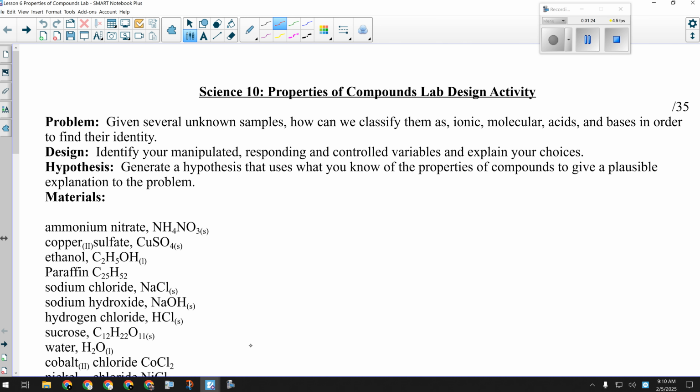So what we're doing here, as our problem, because your problem is blank on your sheet there, the problem we're investigating here is, can physical properties be used to identify unknown compounds? That's what we're trying to do in this lab, determine whether or not everything has its own unique set of physical properties that would be used to identify it. So what you've got to do is have some sort of blurb like that, in your own words, as the problem.